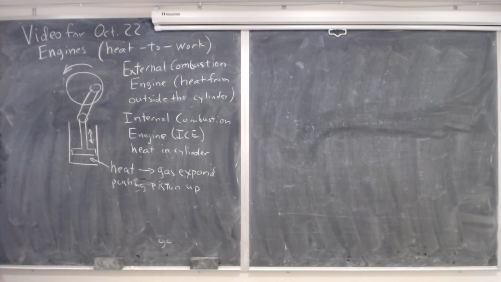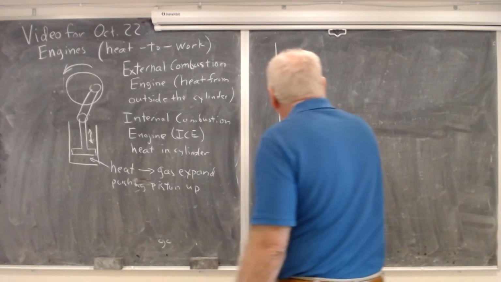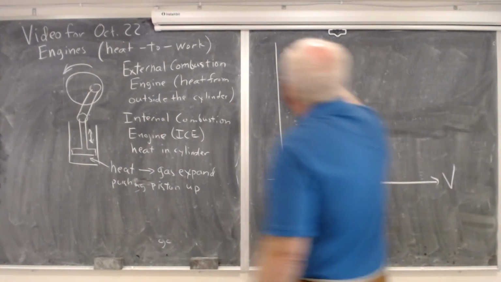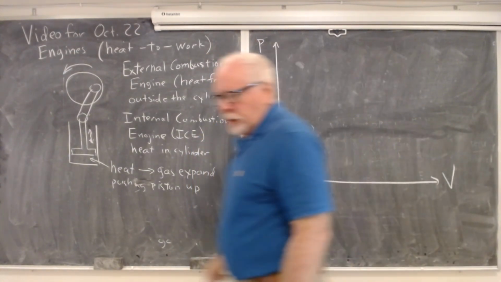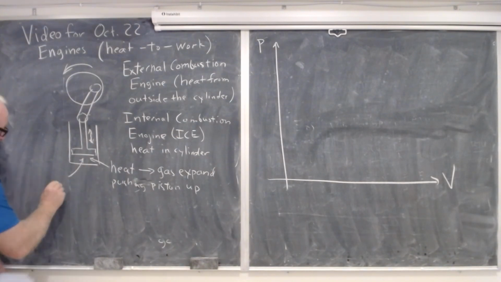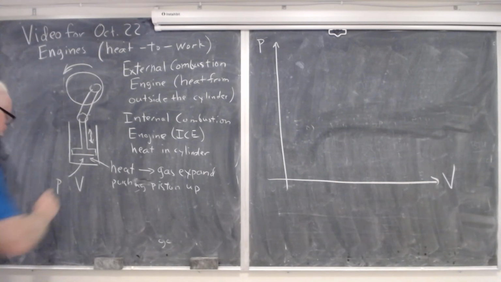Basically, this process, you know enough to characterize it with what's called a pressure volume diagram, where in that space there's a pressure P and a volume V that both are functions of time.